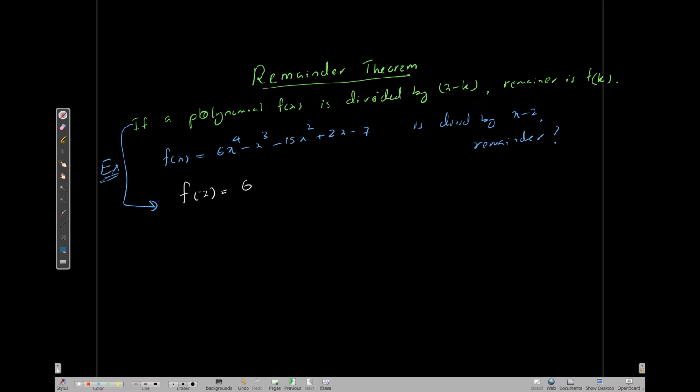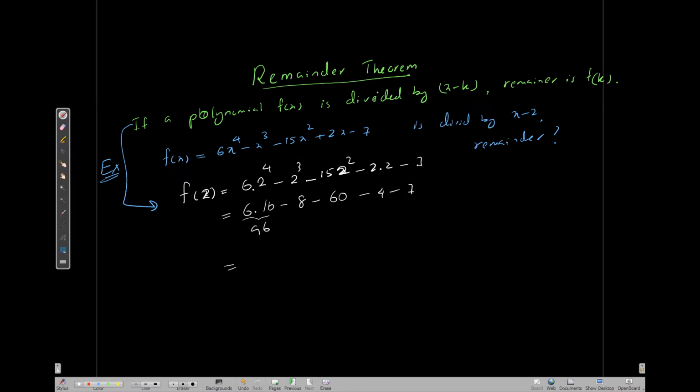So according to that theorem, that's f of 2. Let's check whether this is true. So 6 times 2 to the fourth, that is 16 times 6, minus 2 cubed, that is 8, minus 15 times 2 squared, that is 60, plus 2 times 2, that is 4, minus 7. 16 into 6, that's 96.